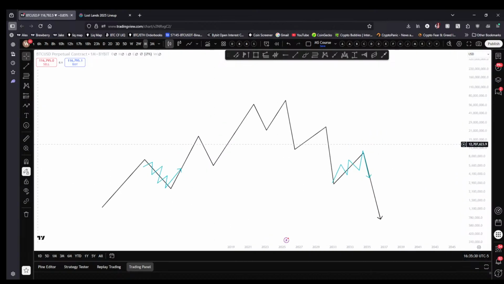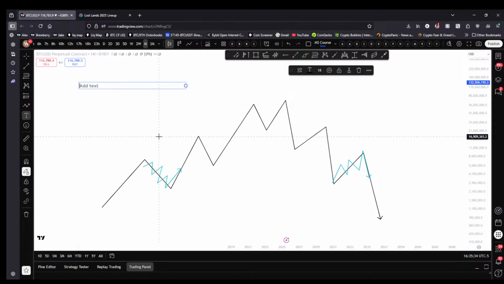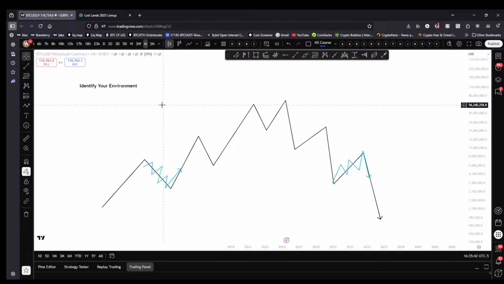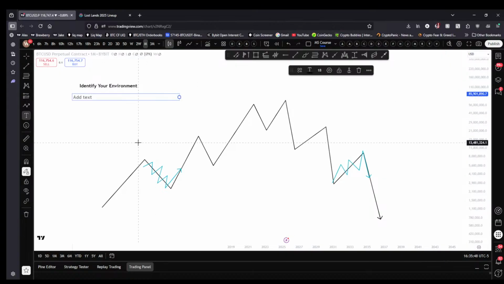are aligned. So, for example, if you come to any chart that you're looking at, the first thing you should do is identify your environment. If you start on your weekly time frame, and your weekly time frame is in an uptrend, but correcting.